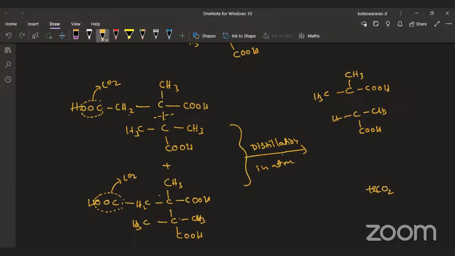Again, this bond will be broken. Now, after that, this bond and this bond will be generated. That means whatever hydrogen is left here after decarboxylation is directly taken by this carbon.